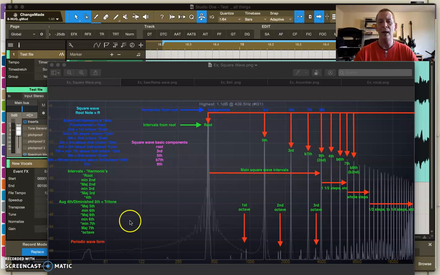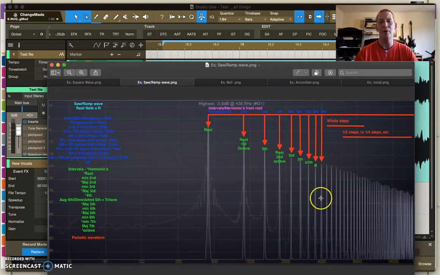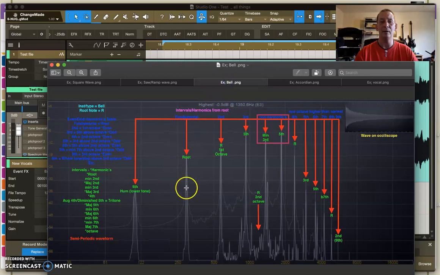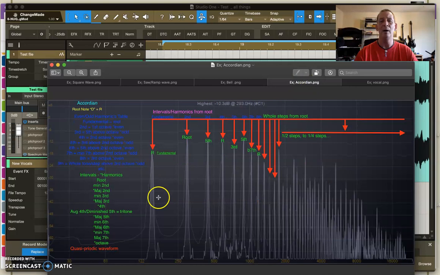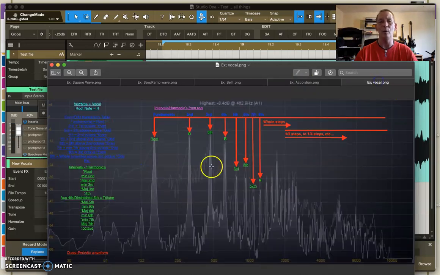If you look at a waveform, like a square wave, or a sawtooth wave, or the components of a bell and the harmonics that are inherent in it, an accordion or a vocal, you can see these are at different levels. So you being able to boost some of these harmonies, like let's say you have a third here in this vocal.